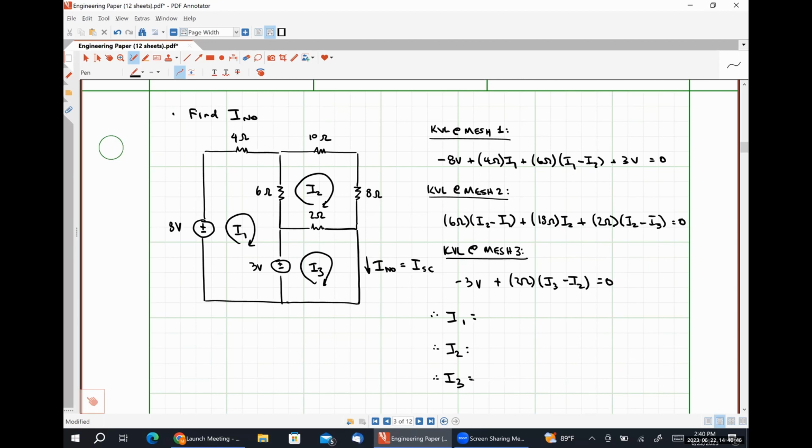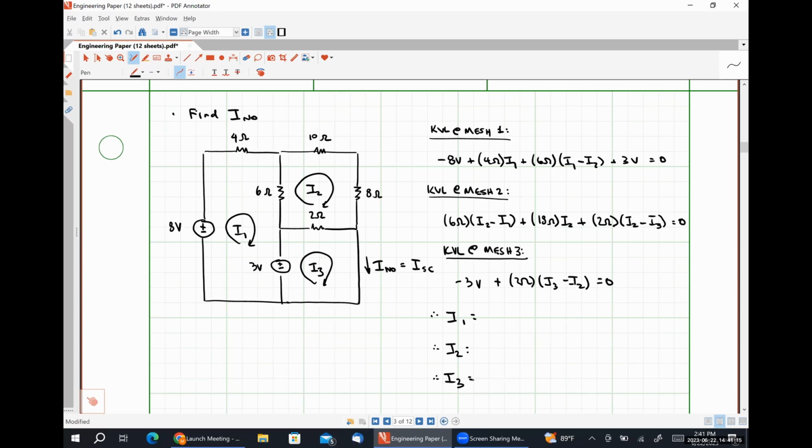My constant term is 5. In my second equation, my coefficient for I1 is -6. My coefficient for I2 is 6 plus 18 plus 2, so 26. My coefficient for I3 is -2. My constant term is 0. In my third equation, my coefficient for I1 is 0. My coefficient for I2 is -2. My coefficient for I3 is +2. My constant term is +3.